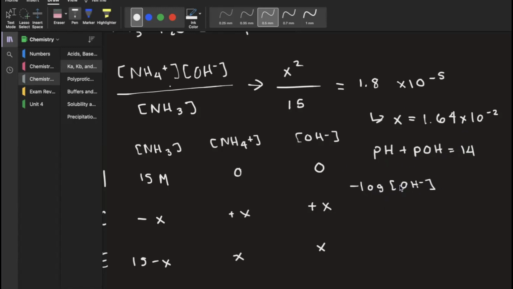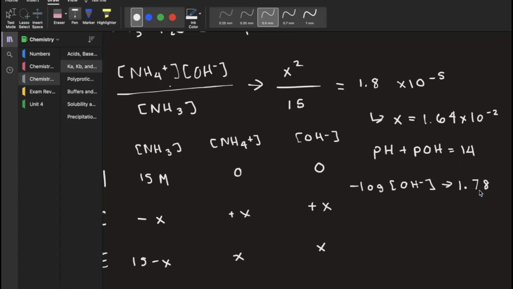We already found out that our OH negative concentration is equal to X, which is equal to 1.64 times 10 to the negative 2. So we just find the negative log of this number. This is going to give us 1.78.